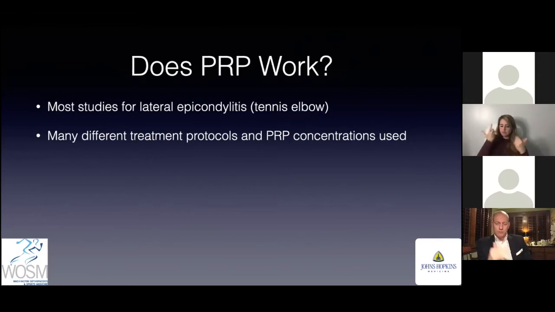So if they're mild or moderate or advanced, has not really been standardized among these studies. There's various concentrations. So PRP can be concentrated in certain amounts, 5x of the platelet concentration of the blood, or 8x or 6x. Those numbers are not really standardized in the testing that's been performed and published in the literature.